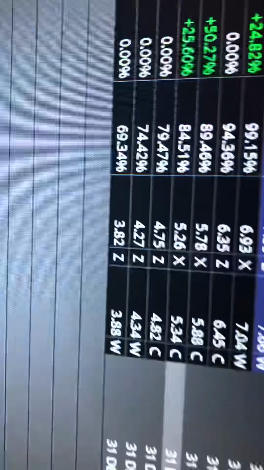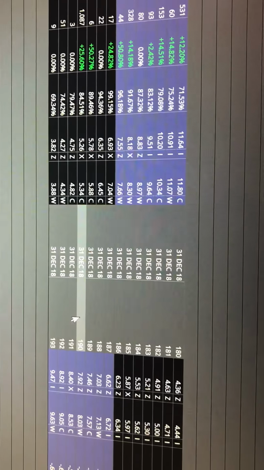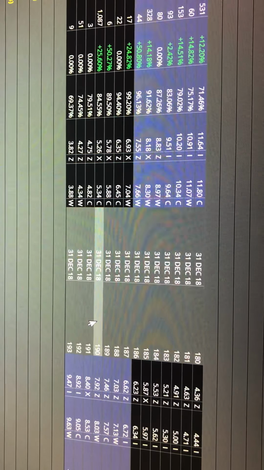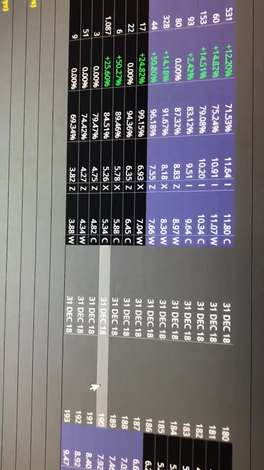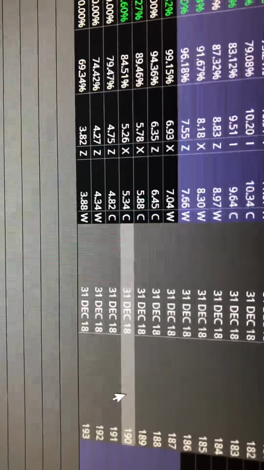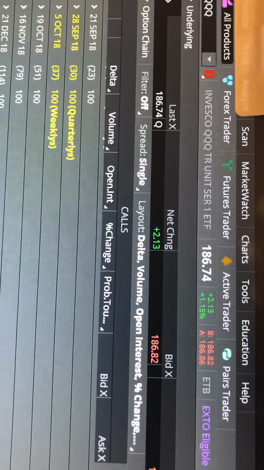So the ask is $5.34 and the strike is 190. So basically, right now, all you're paying for is time value, since the price is not 190, it's only 186. You're not getting any intrinsic value.